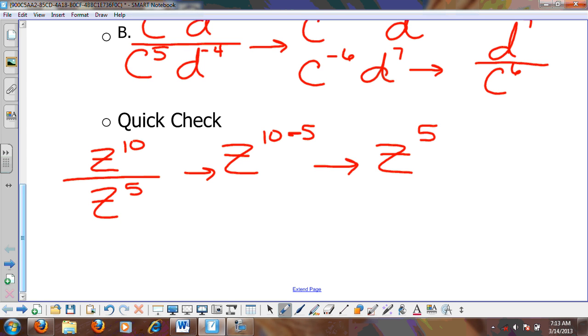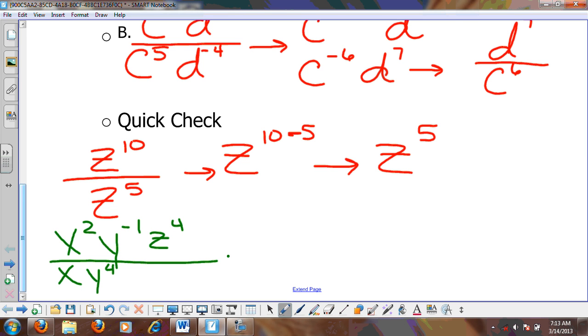X squared, y to the negative 1, z to the 4th, over x, y to the 4th, z to the negative 3rd. Okay, let's look for the same bases.